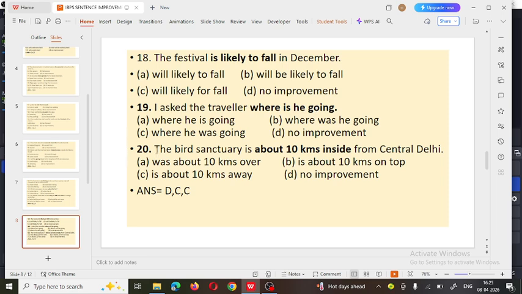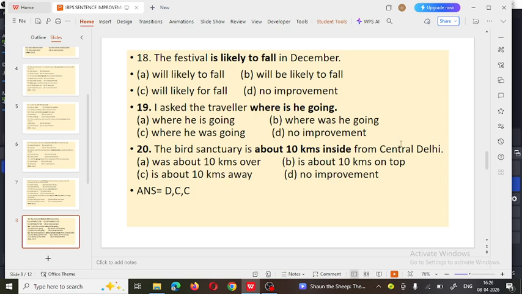Next, the bird sanctuary is about 10 kilometers inside from central Delhi. This part is bold here, so we have to think about only this part. Was about 10 kilometers over, is about 10 kilometers on top, is about 10 kilometers away from central Delhi.